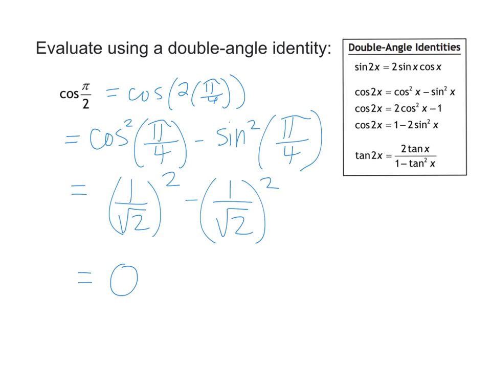You wouldn't use the double angle identities for this. Usually they're used more for simplifying expressions, because really anything that you can take half of and make a special angle is already a special angle. So you may be asked to use it this way, but really, if you were just asked to evaluate, you wouldn't do it this way.